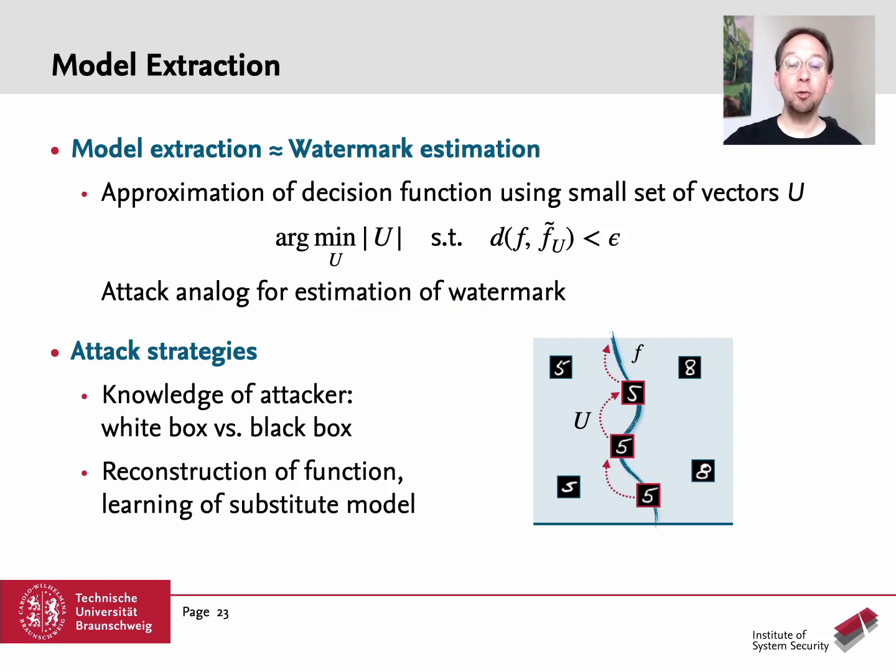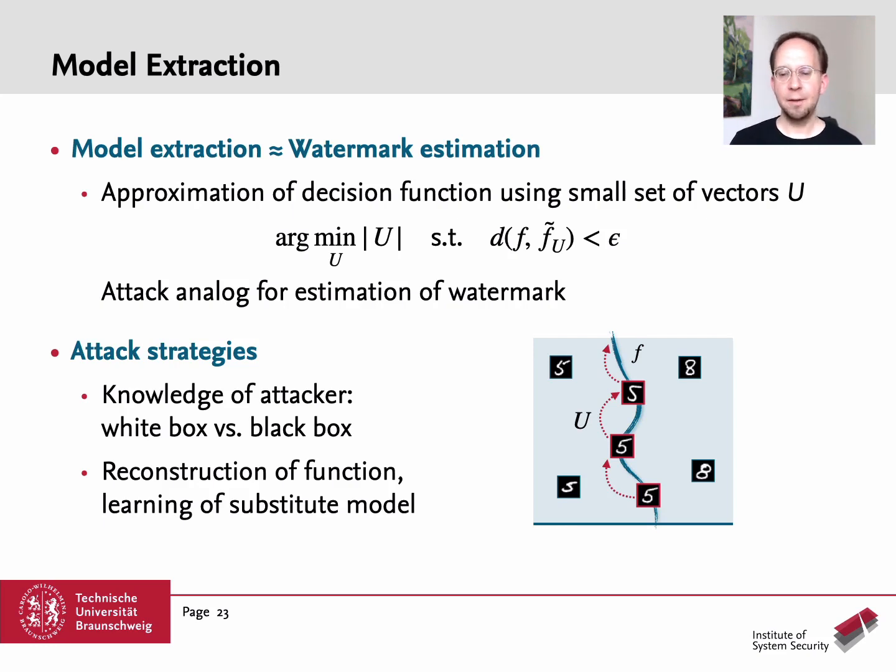Basically I'm querying the original system. I'm sending queries, inputs, to my original prediction or watermark detector, and I'm recording the output. I try to do only very few of these queries and get the best outcome from it. And the best outcome would be a function fu that is very close to the original function.